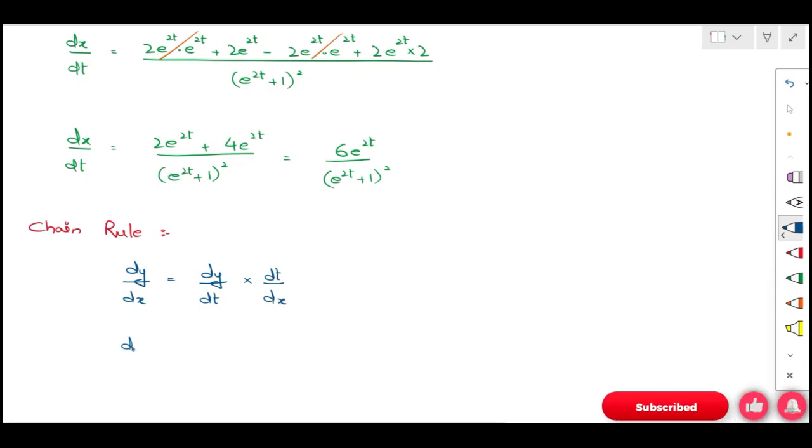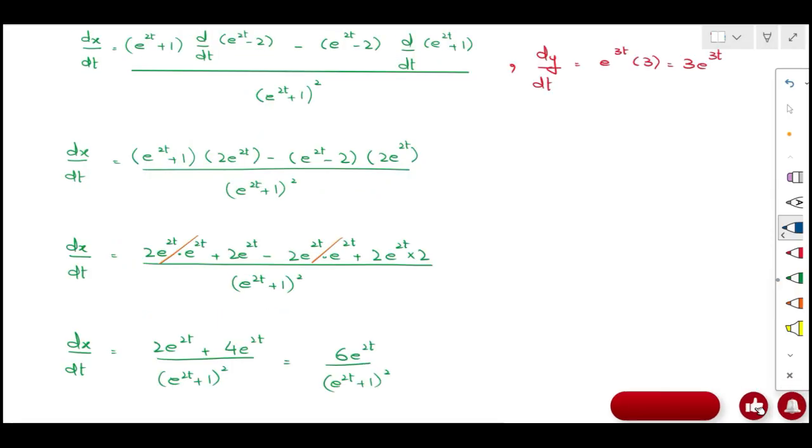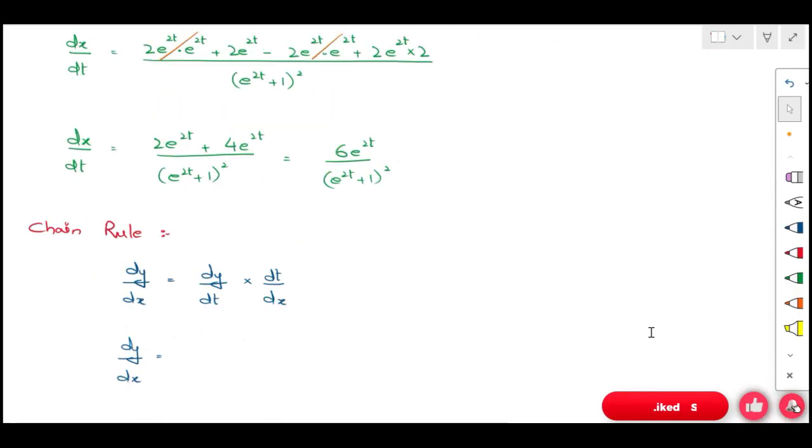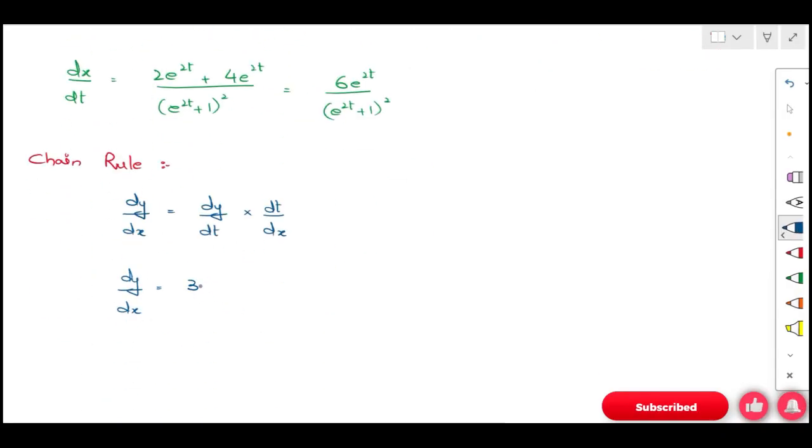Okay, so dy/dx, this is the derivative of y with respect to t, which is 3 times e^(3t), 3e^(3t), multiplied by the derivative of t with respect to x, meaning the reciprocal of this thing. So (e^(2t)+1) whole square divided by 6 times e^(2t).